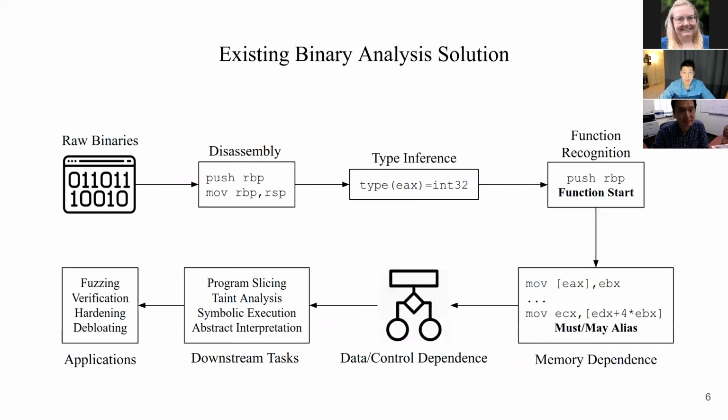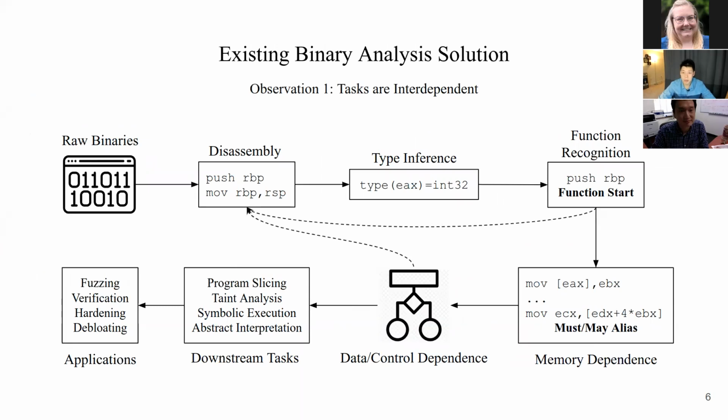Oftentimes, we observe that these tasks are not strictly forward dependent following this order. For example, in recursive disassembly, such as IDA Pro and Ghidra, it follows the program control flow and only disassembles the functions that are reachable in the control flow graph. Indirectly reachable functions are not disassembled. Also, some type inference works require propagating variable types through instructions that involve memory operations.